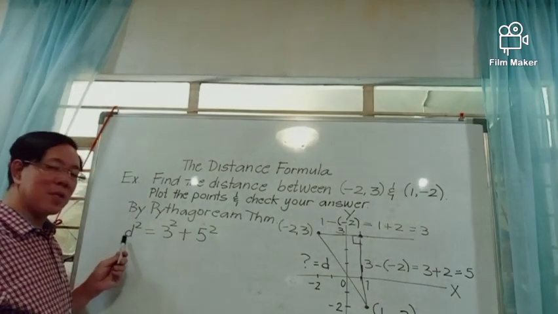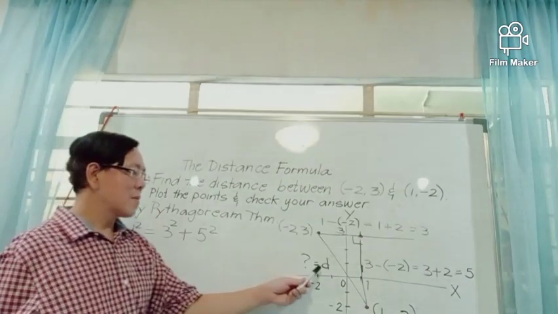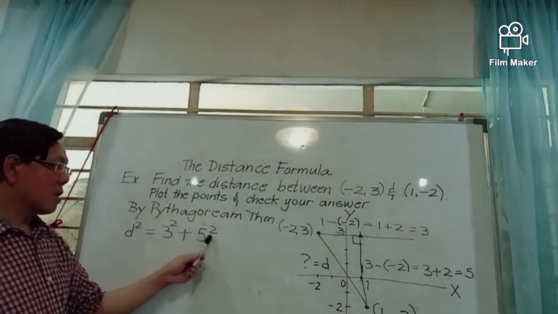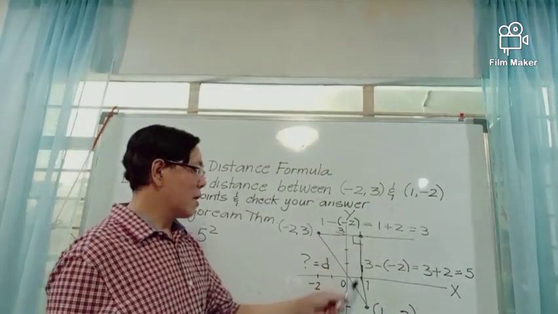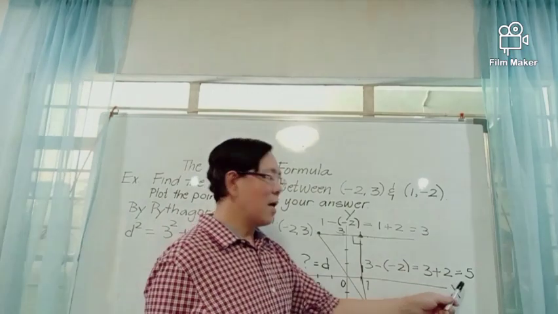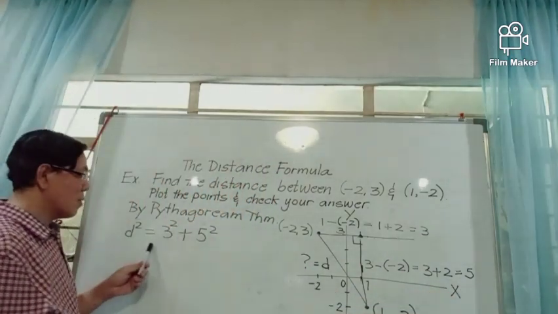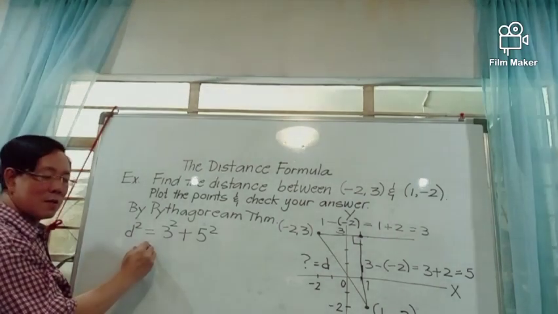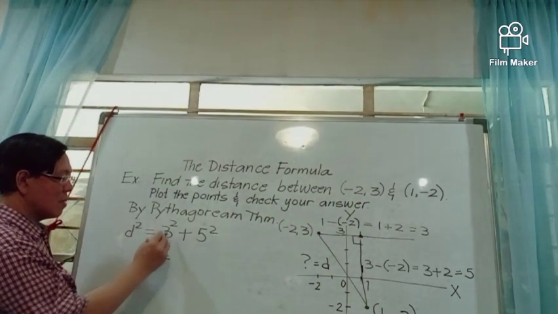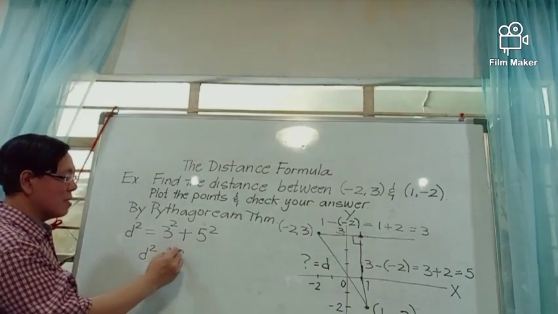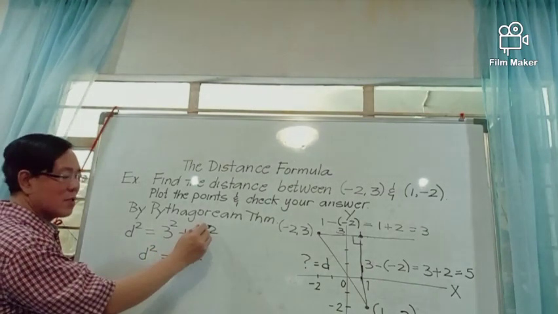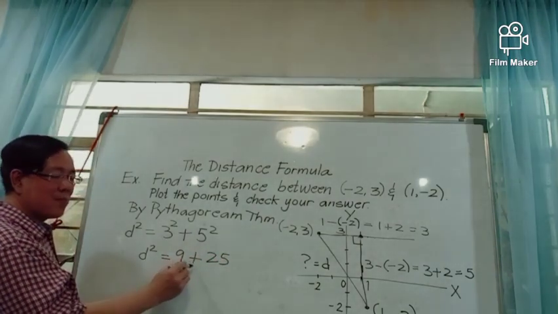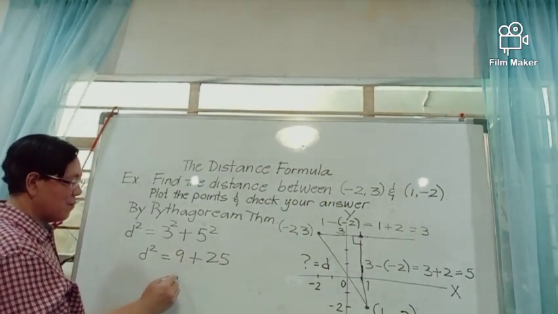The square of the hypotenuse D is equal to the sum of the squares of the 2 other sides, 3 and 5. And we simplify. We have D squared equals square of 3 is 9, plus square of 5 is 25, and 9 plus 25 is 34.